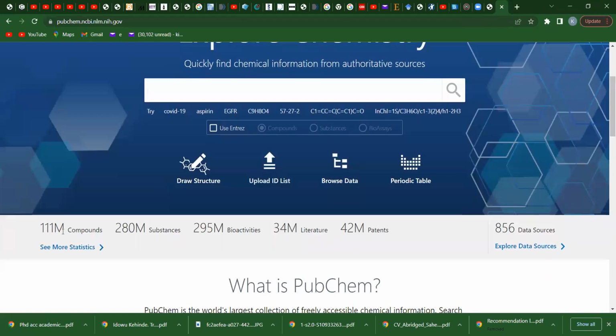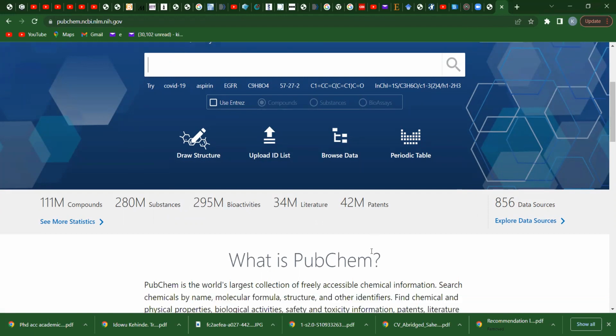Can you see? 101 million compounds, 180 million substances, 285 million activities, 34 million literatures, and 42 million with 856 data sources.